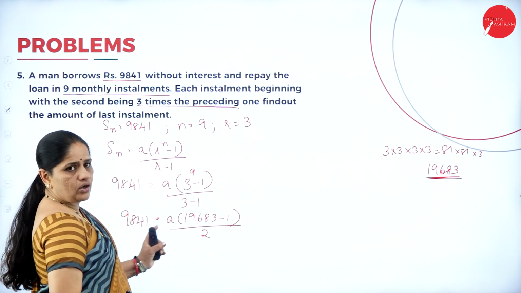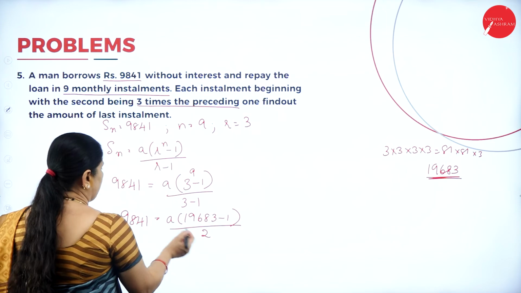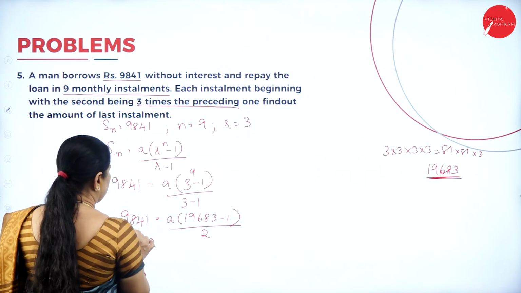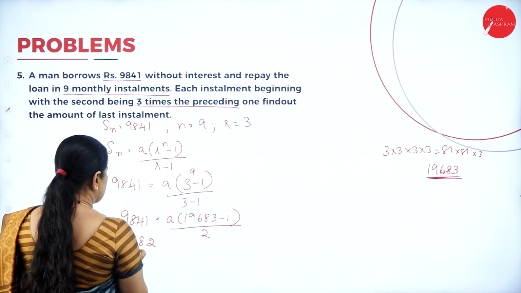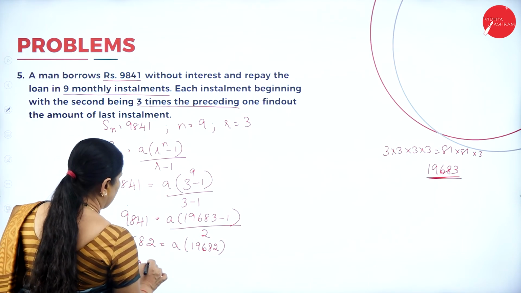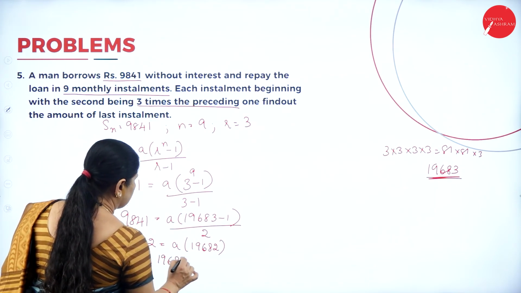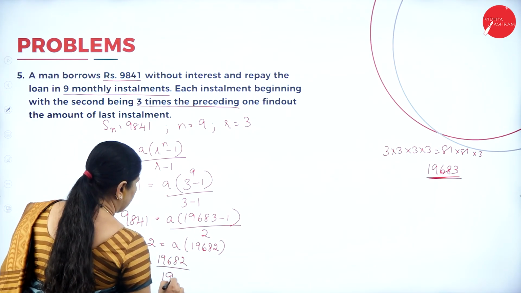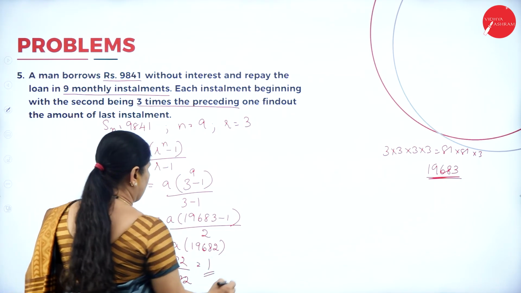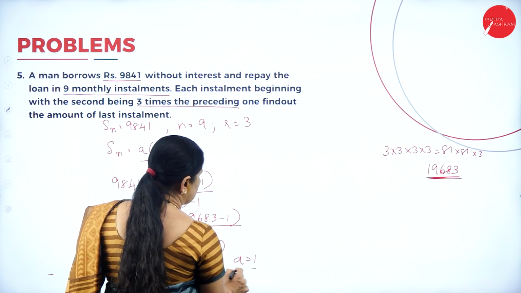So, when I cross multiply this, so I get 2 1s are 2, 2 4s are 8, 2 8s are 16, 2 9s are 18, 19. So, A will be equal to 19,682 by 19,682, that is equal to 1, or A equals 1.